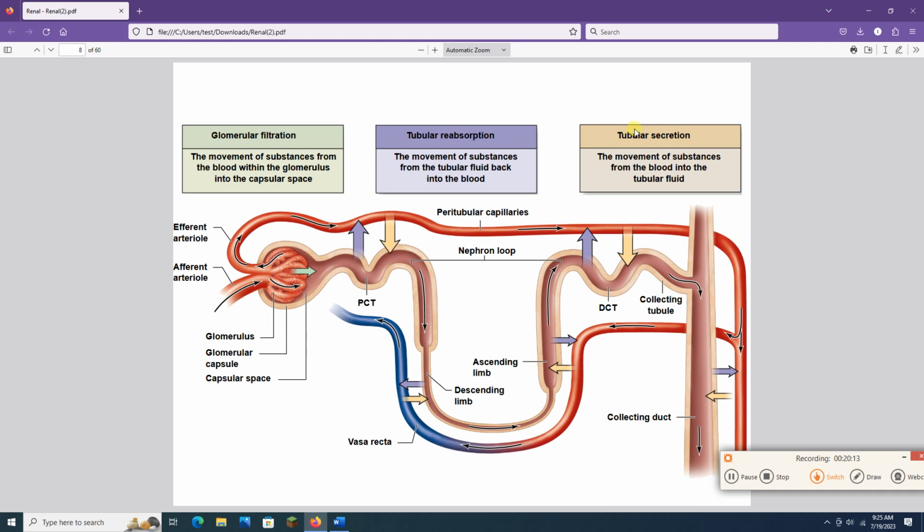That's called secretion. By the time I'm done with all three of these, we've made urine. And I can regulate what I do with these. By regulating them, I can regulate things like potassium, sodium, calcium, hydrogen, i.e. pH, in my blood. And I can also literally regulate how much blood I have, which regulates my blood volume and my blood pressure. It is an ingenious and amazing system.